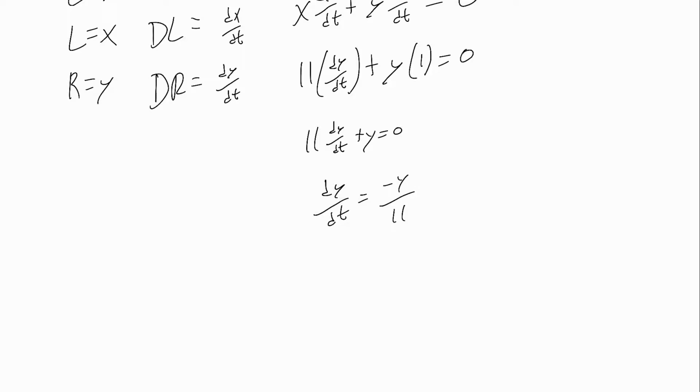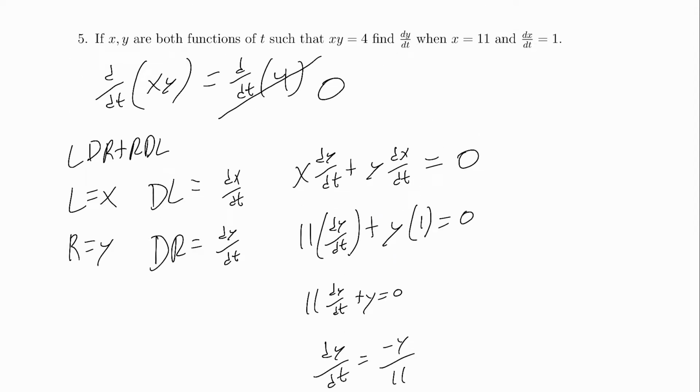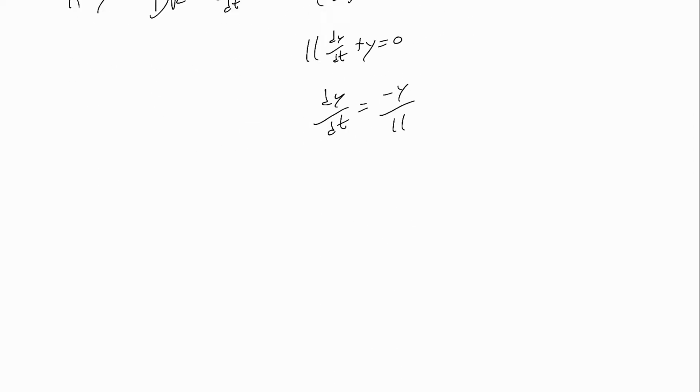And we're almost done. But we can get a value of y. How? Well, we know that whatever x is, x times y is always going to be 4. And we also know that x equals 11. So 11y equals 4, so y equals 4 over 11.